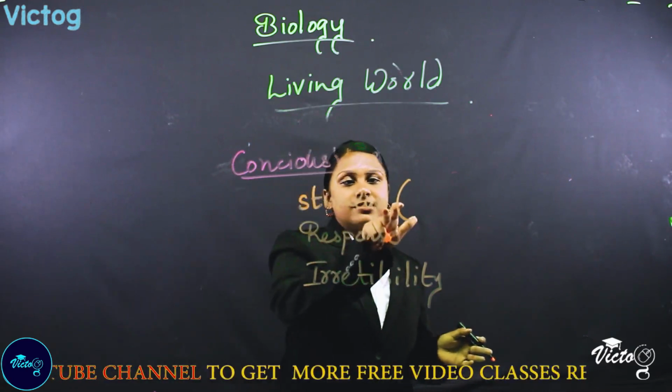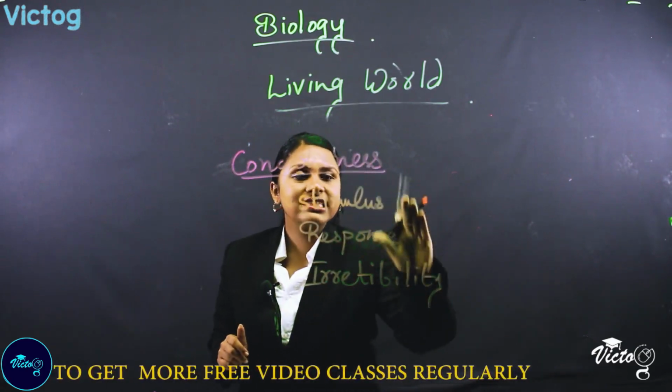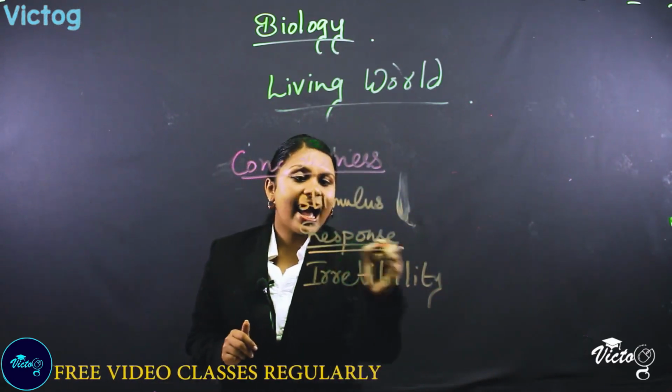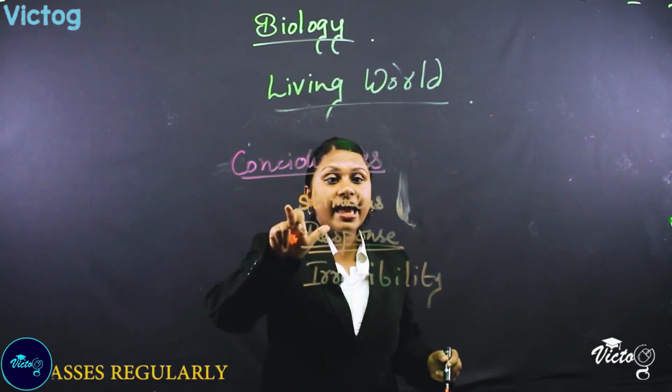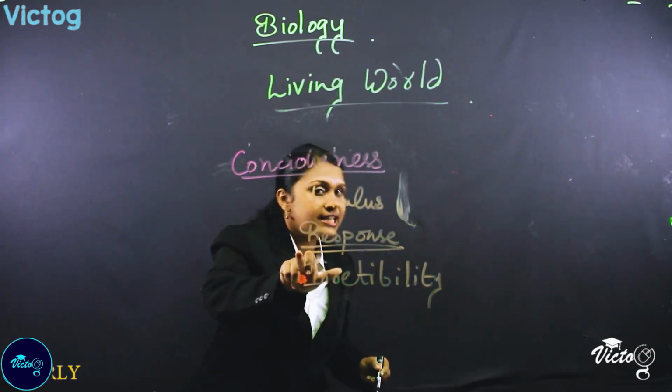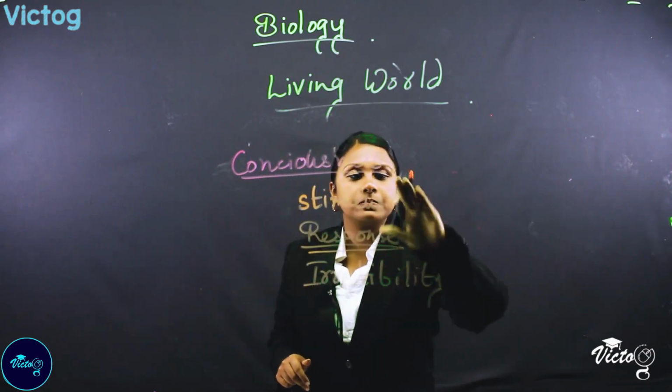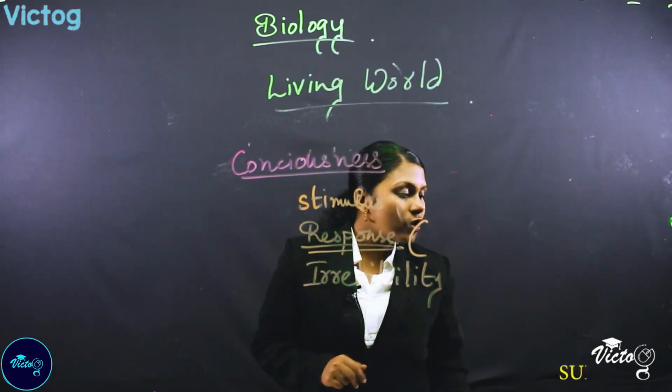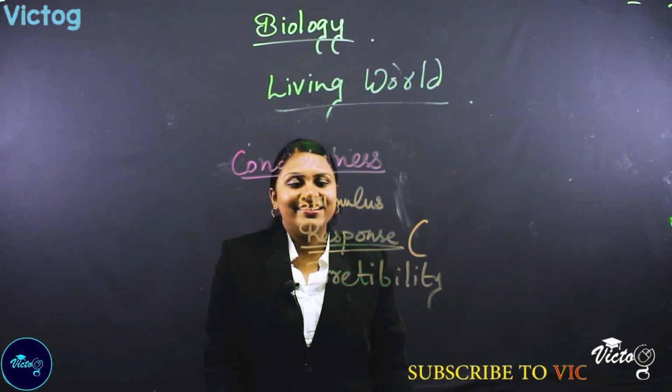So that is the stimulus. Then what is the action? The action which takes place against the stimulus is considered as response. In response, what will you do? You will move your hand.